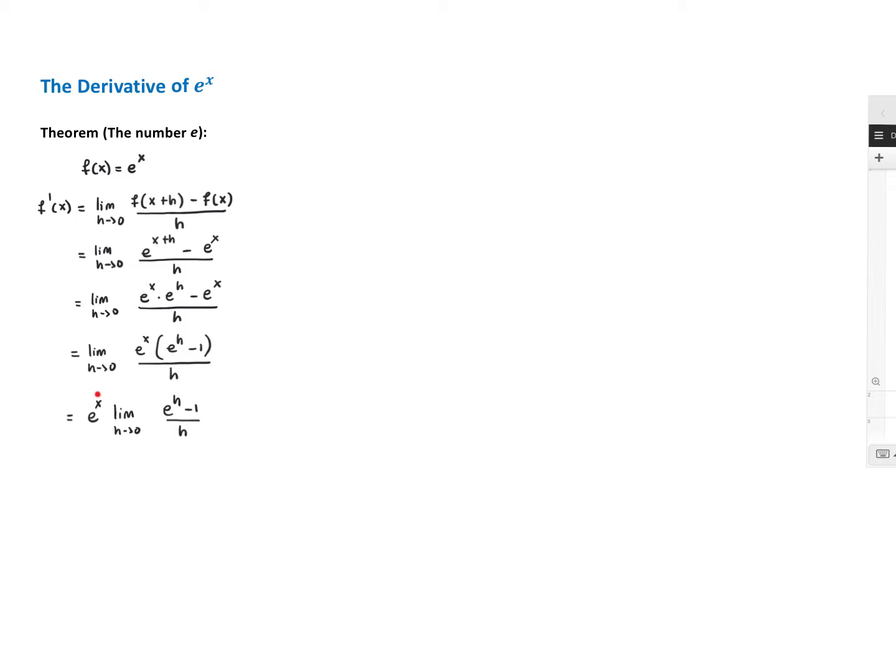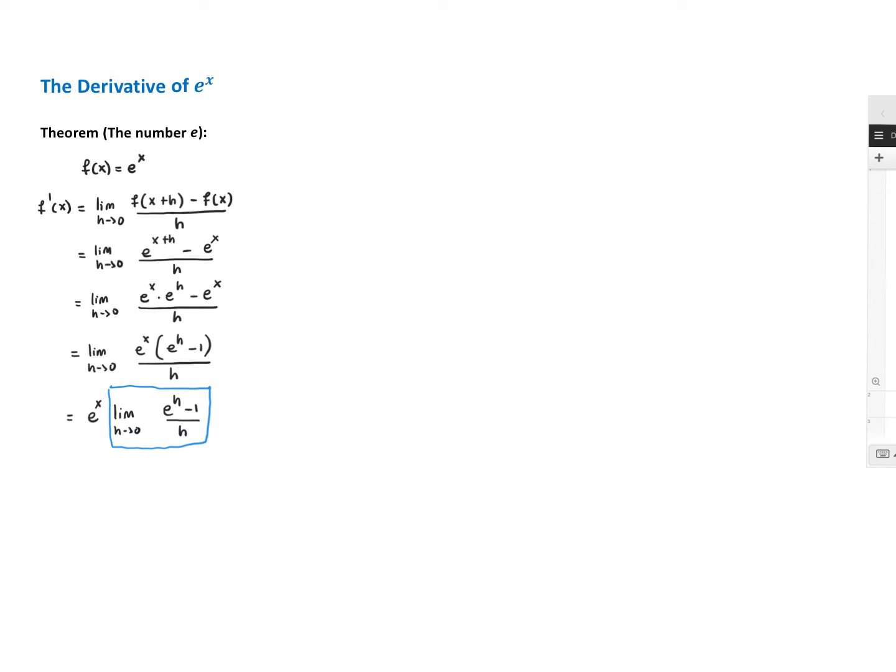So again, e to the x doesn't depend on h. Here, I'm only going to leave the expression that fully depends on h. Anything else that has an x goes outside. So when I look at this, now my challenge is to figure out whether this limit tends to something finite, whether this limit exists.